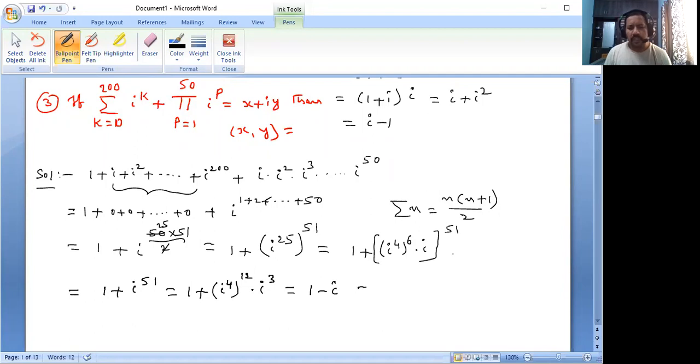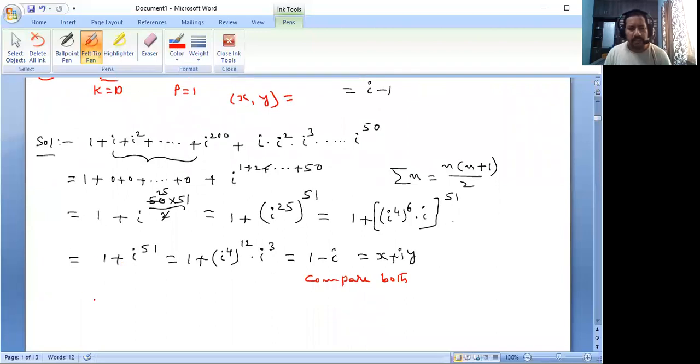So that is equal to x plus iy, already given in the question. Compare both, the real and imaginary parts. Okay. Then what is the x value?